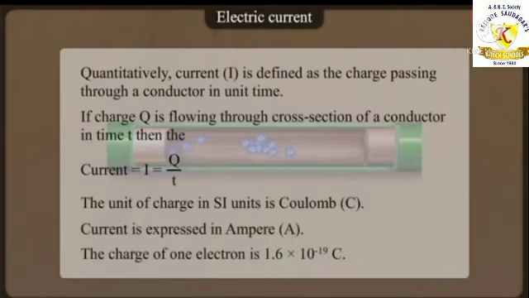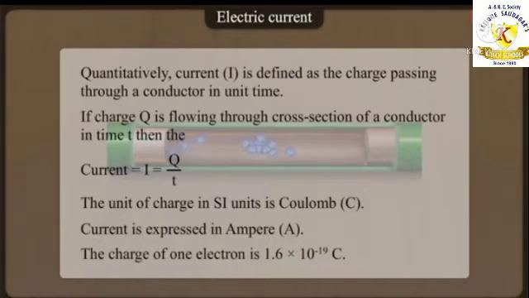If charge Q is flowing through the cross section of a conductor in time t, then the formula derived for current is I equals Q upon t, where I is the current, Q is the charge and t is the time.